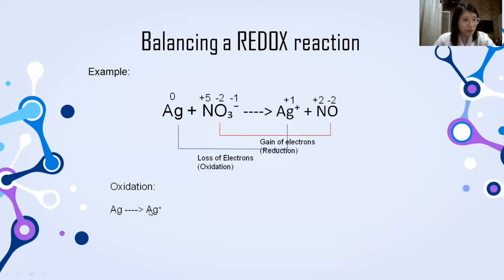We'll have to balance its coefficients and charges. Both of its coefficients are already balanced. Now we have to take a look at their charges. The left side has 0 charge, while the right side has +1 charge. To balance its charges, we will have to add an electron on the right side, so that it will also be 0.